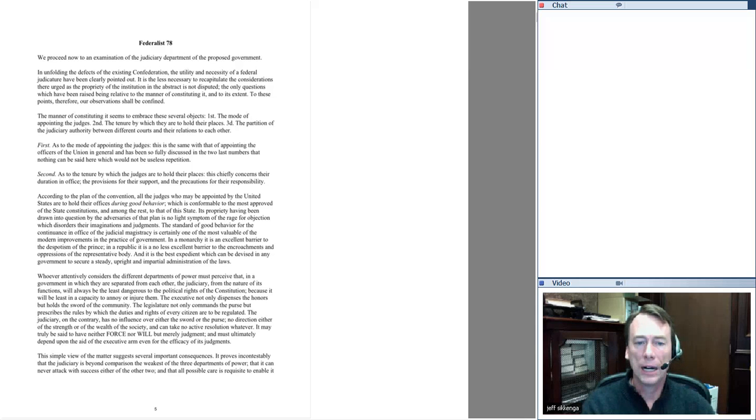How can you enforce that unless you have courts that are independent and that can protect citizens from prosecutions and from powers that government is not supposed to be using in that particular way? It's particularly essential in a limited constitution because the only way to preserve limitations on government is the power of courts to declare legislation unconstitutional and void, what we call judicial review.